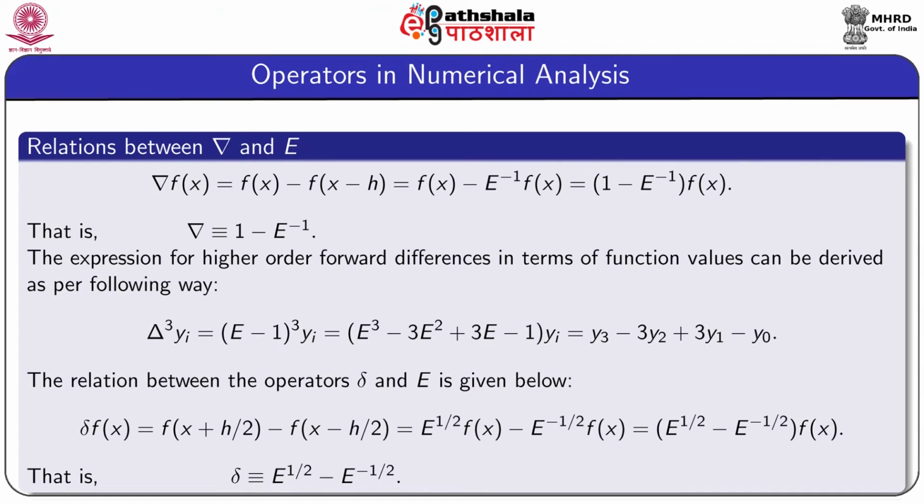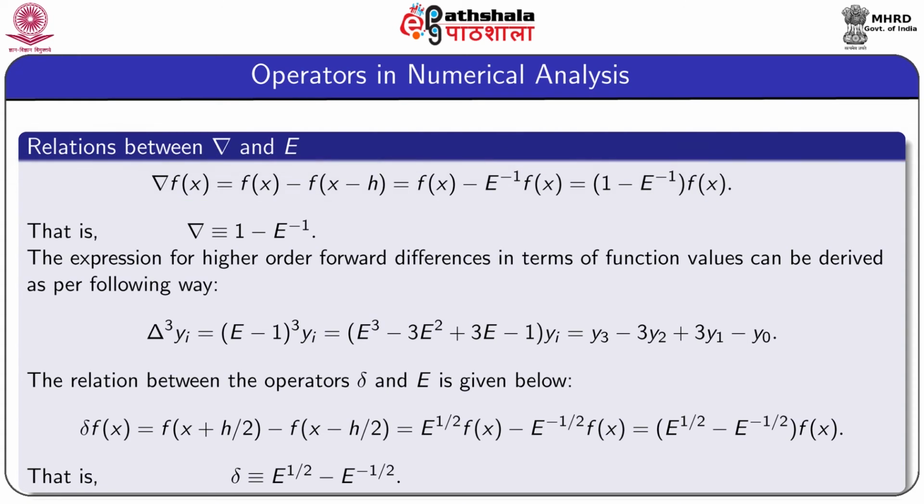Similarly, we can derive a relation between the nabla operator and the E operator, that means the backward difference operator and the shift operator. Now, the backward difference operator nabla of f(x) equals f(x) minus f(x-h), which equals f(x) minus E^(-1) f(x), by definition of E^(-1), the inverse shift operator, which equals (1 minus E^(-1)) f(x).